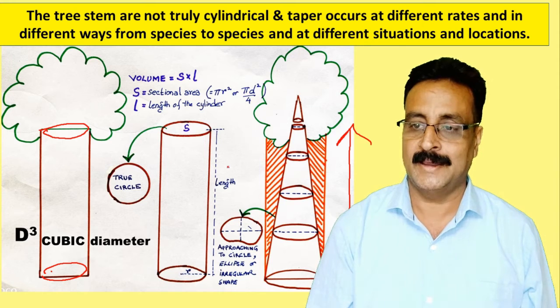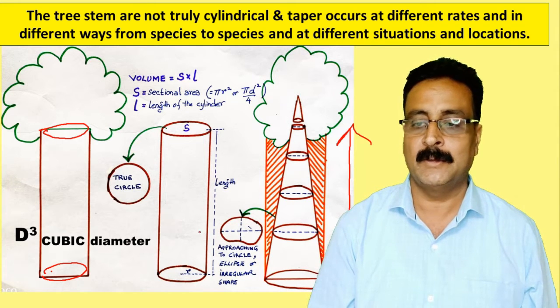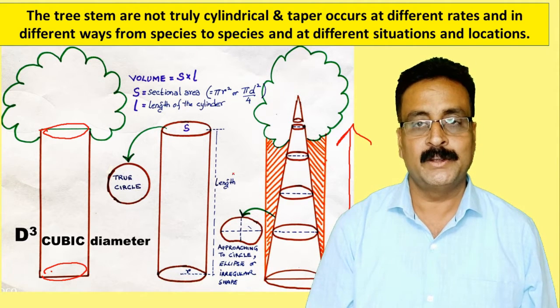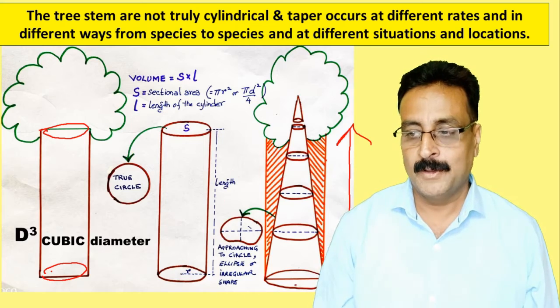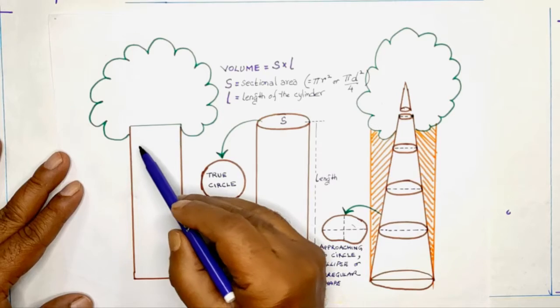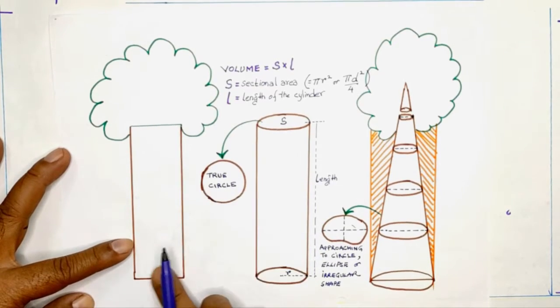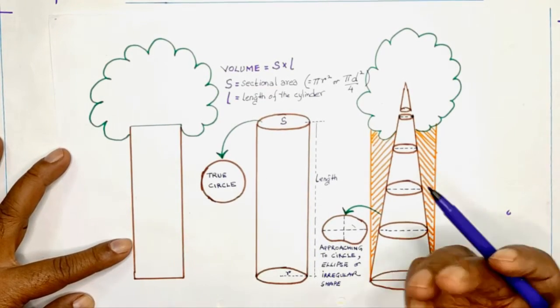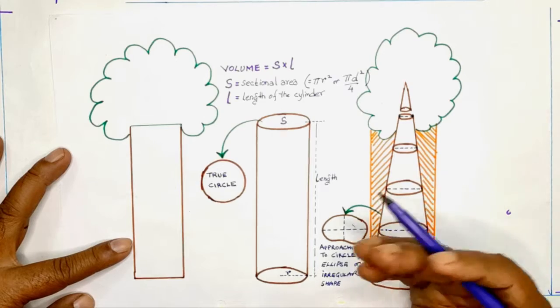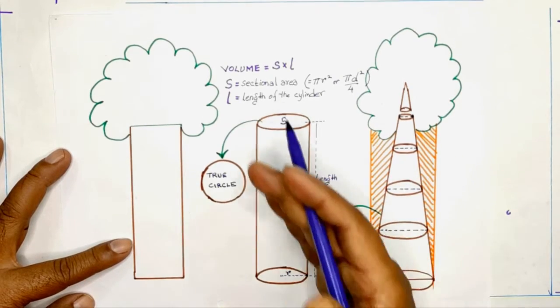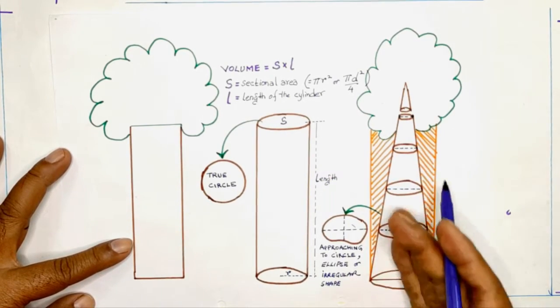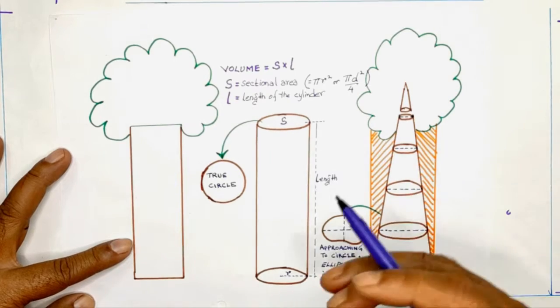But it is not like that, because here we will be considering d cube, a cubic diameter, by tapering from base to top. A tree is never cylindrical like this, but when we do the calculation, we have very little option to climb the tree and get the exact figure at different diameters.